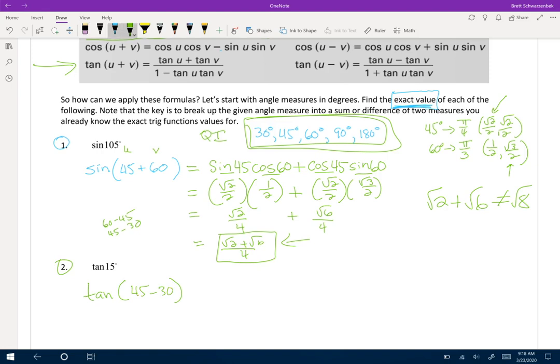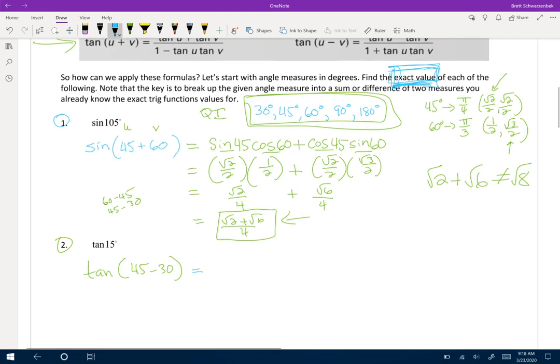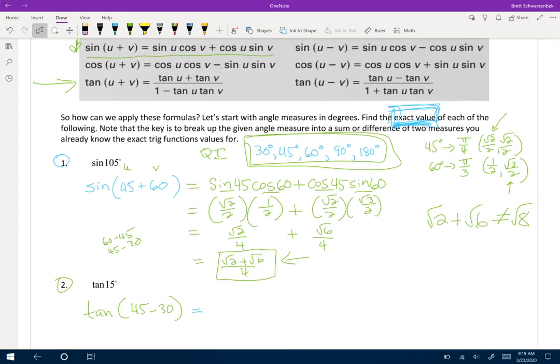Okay, so again, we have the difference. If we put tangent 15 in the calculator, we're going to get a decimal response, which is not the exact value. The exact value is going to be some type of value that doesn't have decimals in it. It could be a fraction, radicals, usually radicals, some type of expression. So here we go. We're looking for the tangent of a difference.